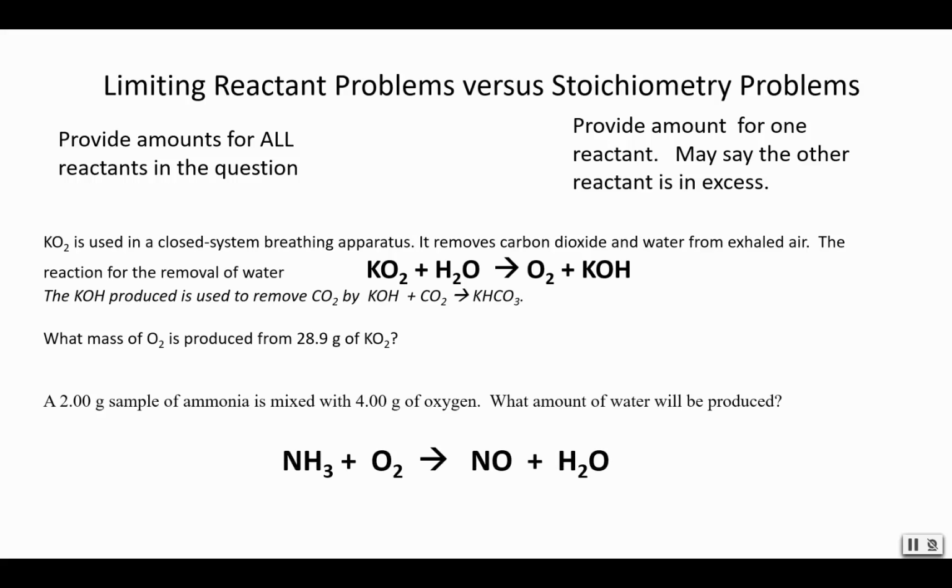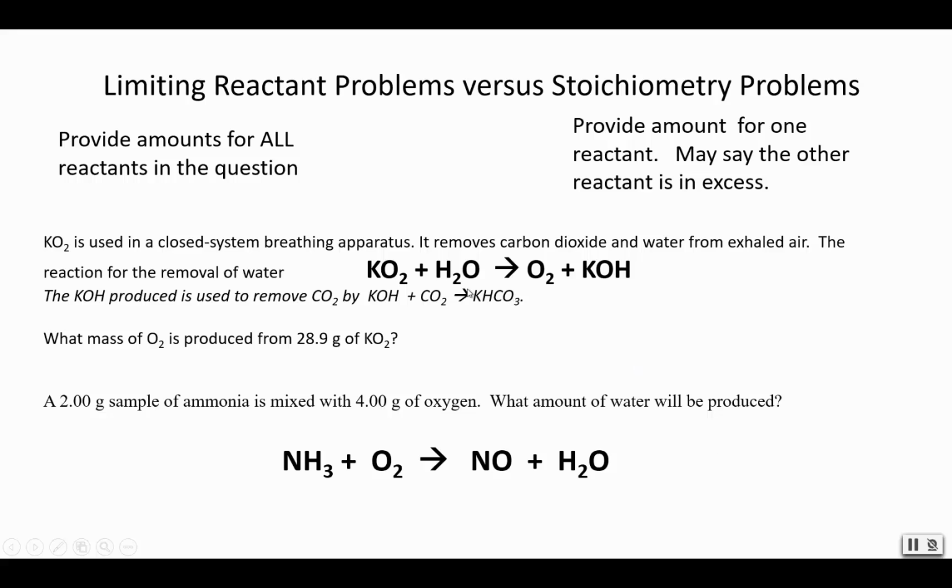So here I have 2 questions, and we want to divide them. When are they talking about limiting reactants, and when are they talking about stoichiometry? When I look at this, it says KO2 is used in a closed system breathing apparatus. It removes carbon dioxide and water from exhaled air.